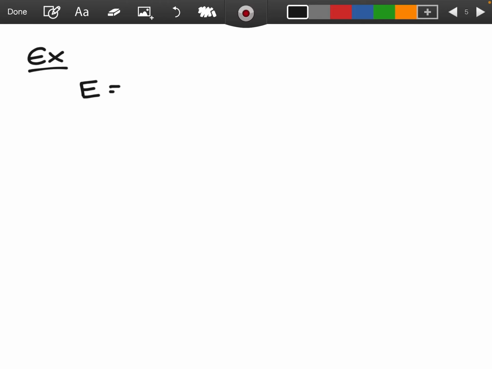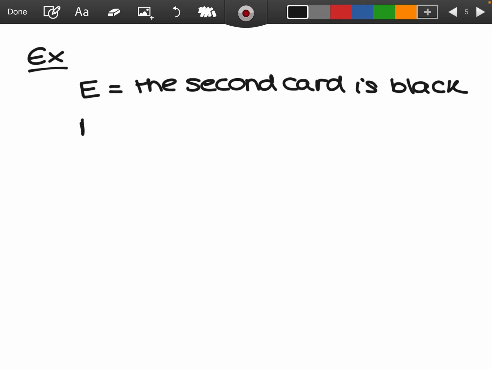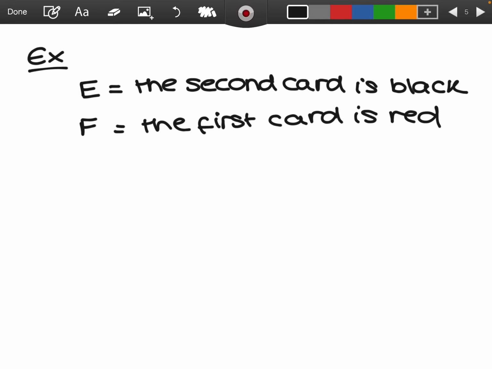The other example that I want to look at here is where we have said that E is the event that the second card is black, and F is the event that the first card is red.